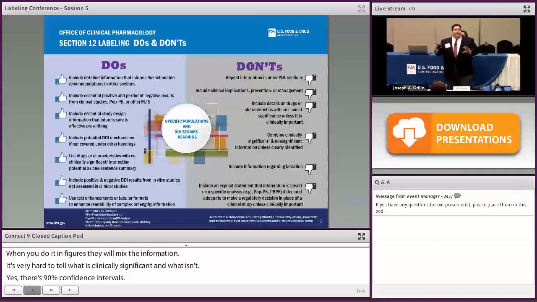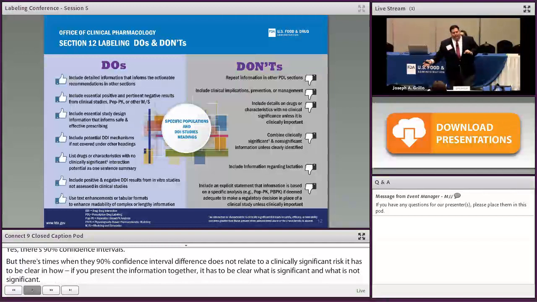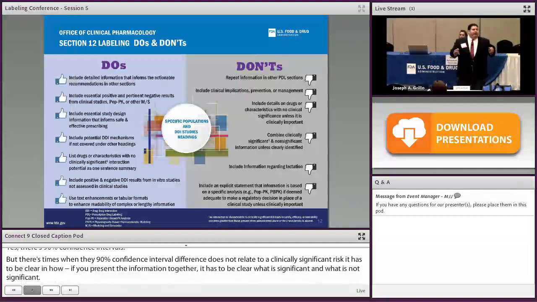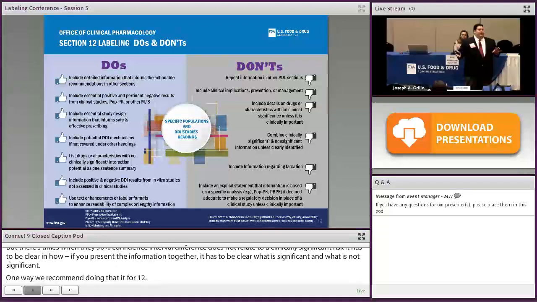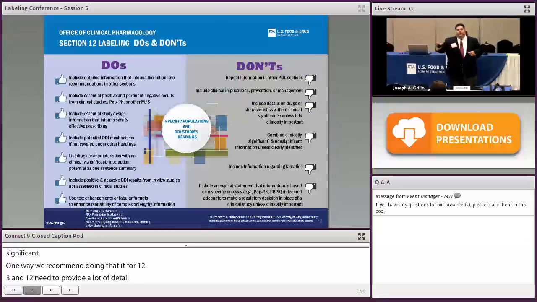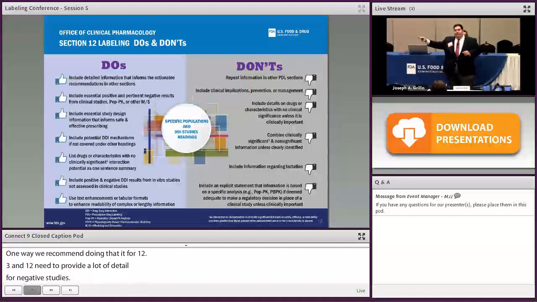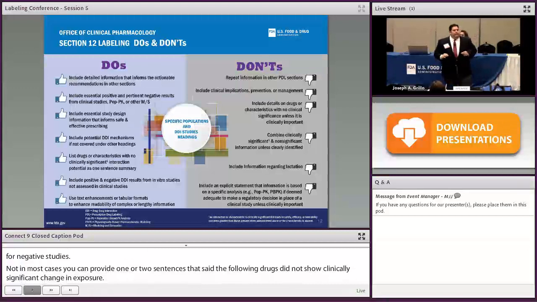And one way that we recommend doing that, and this is for 12.3 and 12.2, is that you don't need to provide a lot of detail for negative studies, non-clinically significant studies. So in most cases, you could just provide 1 or 2 sentences that say, the following drugs did not show clinically significant change in exposure, and list drugs A, B, C, D, E, or characteristic, race, age, whatever, and just do it that way.